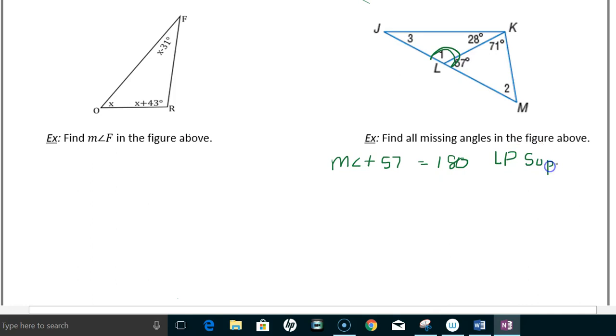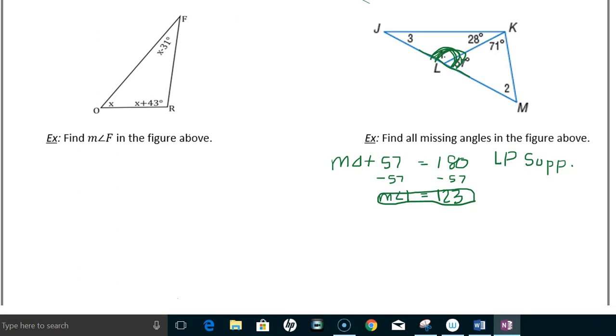And in the figure, I can see that it was a linear pair situation. Angle 1 and the 57-degree angle are adjacent, and together they form a straight line. So the measure of angle 1 plus 57 is 180, so if I subtract 57 from both sides, I know that the measure of angle 1 is equal to 123.